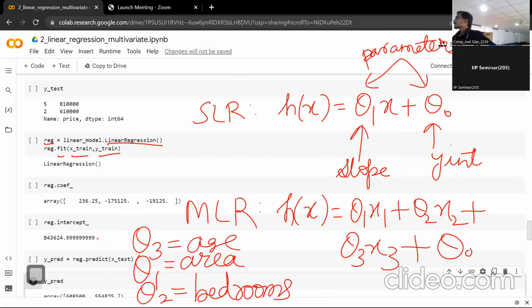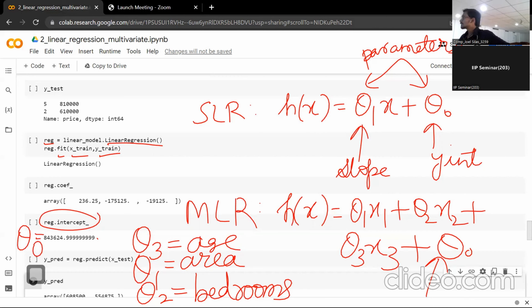So we know that the coefficients that we have will be these, and the intercept is this one. Theta 0 is the intercept, a single value, which is equal to this value.